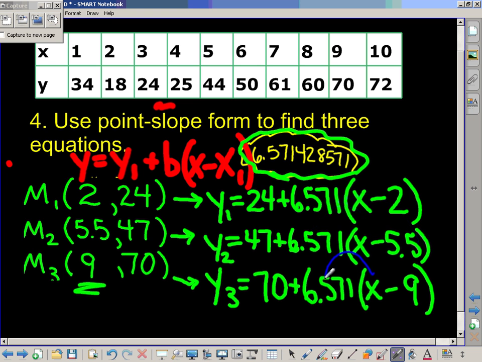In equation 3, distribute the 6.571 and then combine like terms to get 3 equations with 3 different y-intercepts. What we're going to find is those different y-intercepts will only differ slightly. 2 of them may actually be exactly the same. One other thing: when you distribute this 6.571, please use the entire version, 6.5714 and so on. Use that entire number to distribute through so that you can get as close as possible to what the calculator is doing.